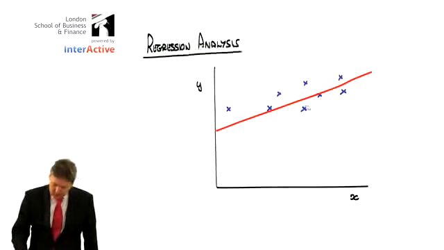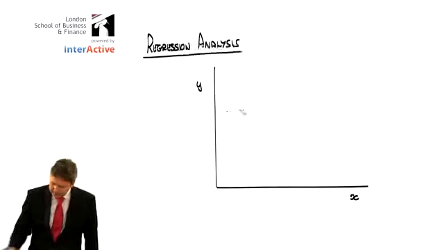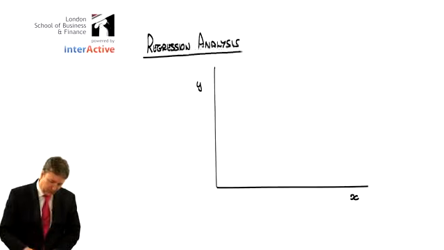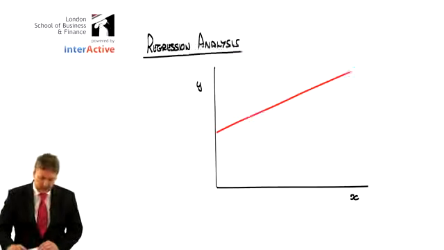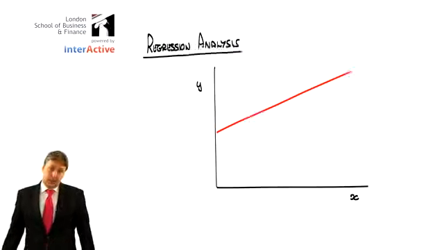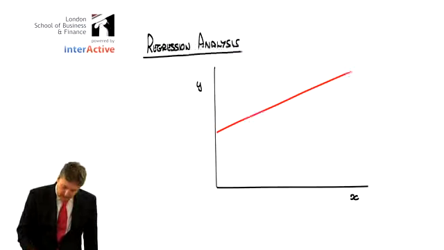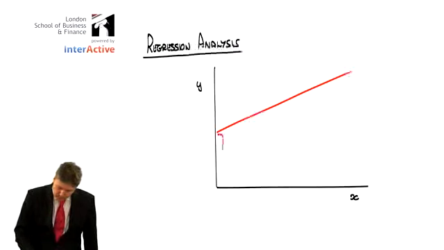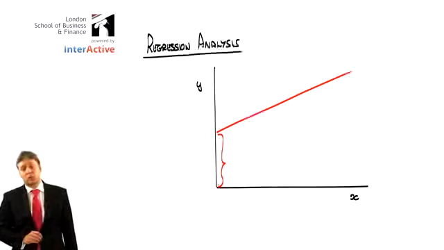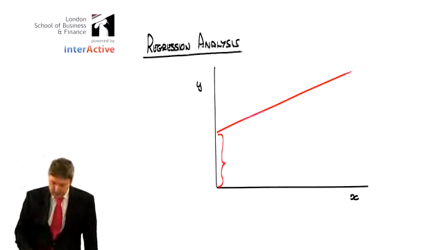If I just tidy up what we have here and draw in the line of best fit that we are attempting to achieve, let's say it's something like that. All we need to describe this straight line is two components. First of all, we want to describe the intercept with the y-axis, and this is called a.